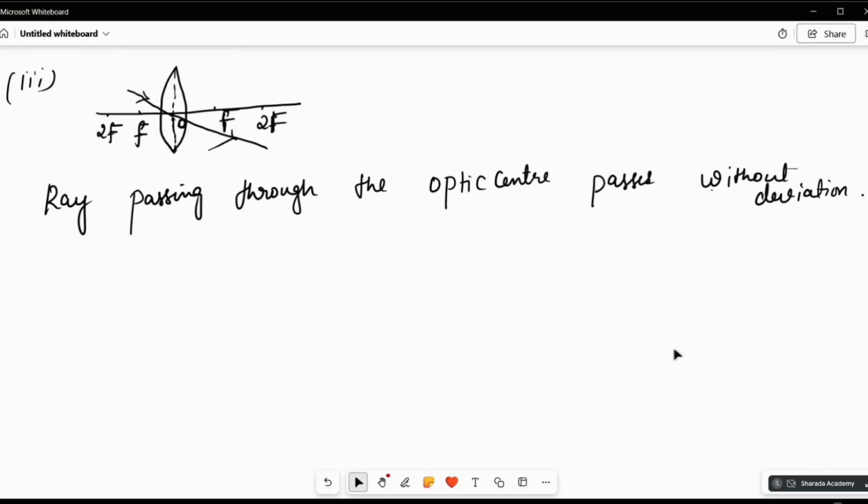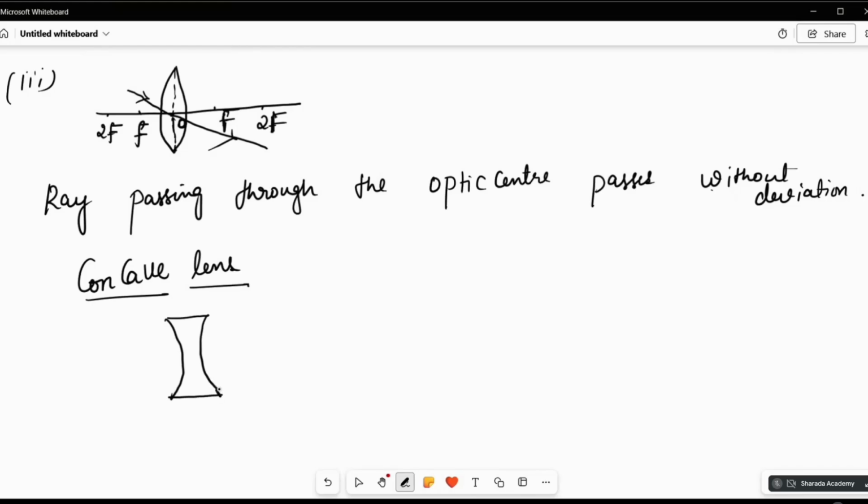Then we will write about concave also. We just write the diagram. So write down, concave lenses. So what type of lens is a concave lens?